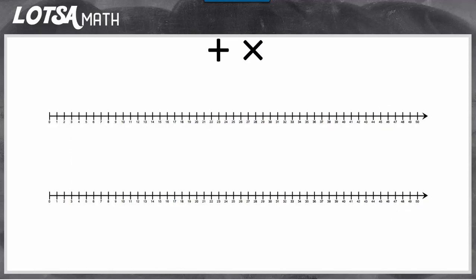division. So addition and multiplication are related. Even their symbols look very similar. And they're related because they both get bigger. When you add, you're getting bigger one time. When you multiply, you're getting bigger a number of times, 4 times.